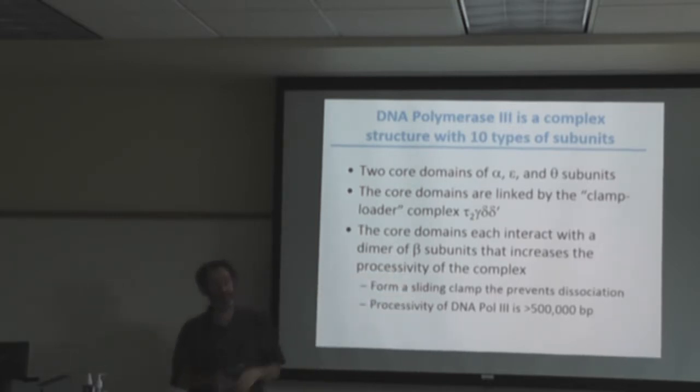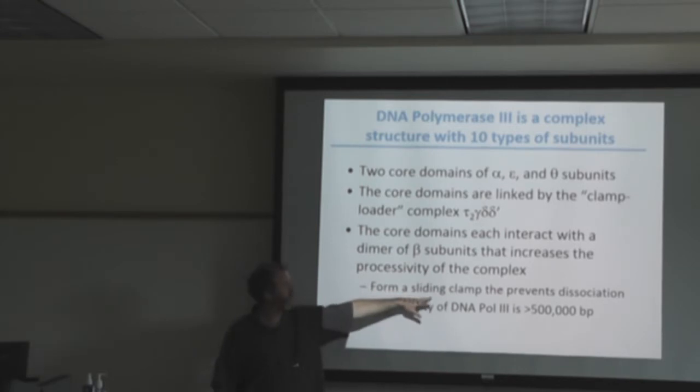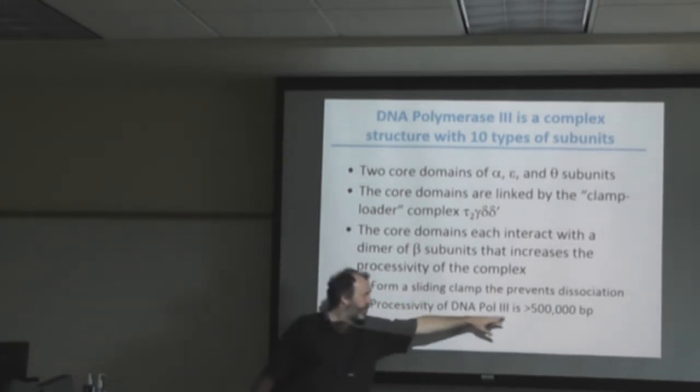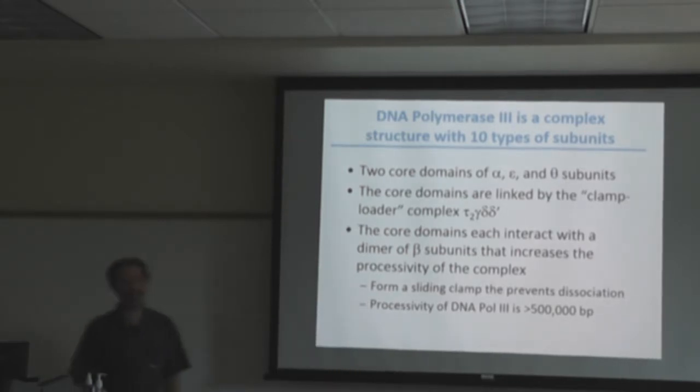So there's a clamp loader, and there's these beta subunits that kind of clamp it to the DNA, which increases the processivity enough where you can get the complete genome to be copied. It forms a sliding clamp that prevents dissociation and gives you processivity greater than 500,000 base pairs.